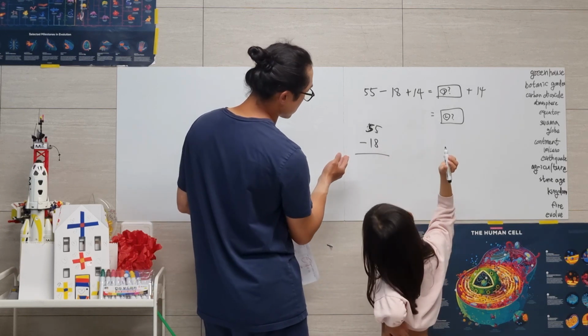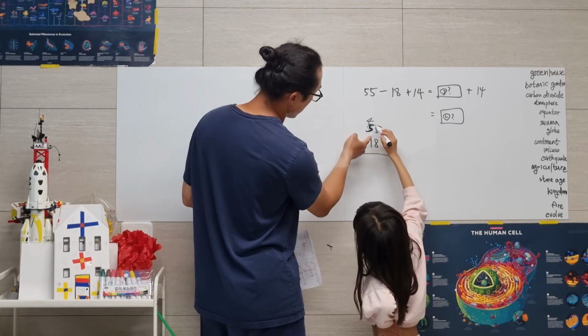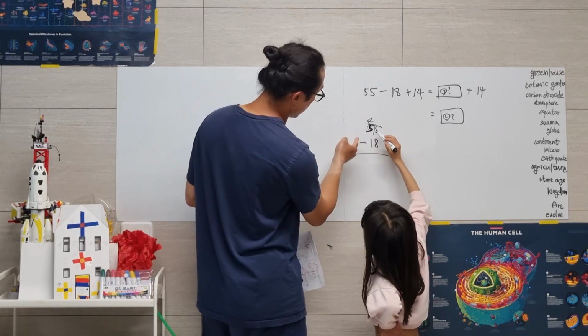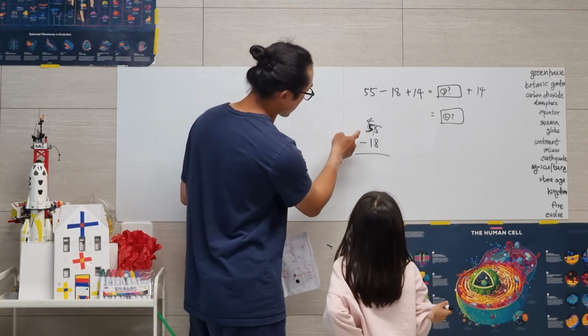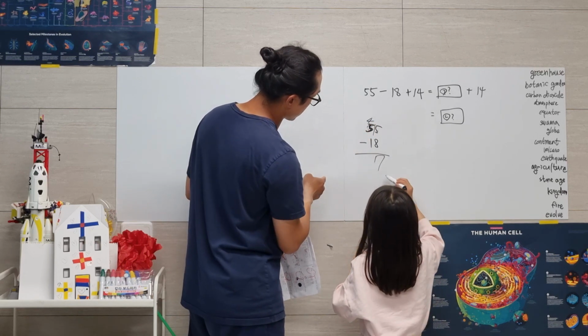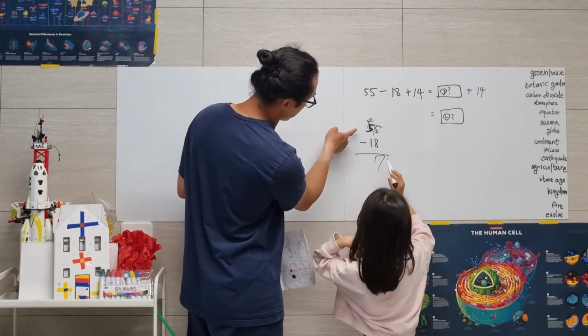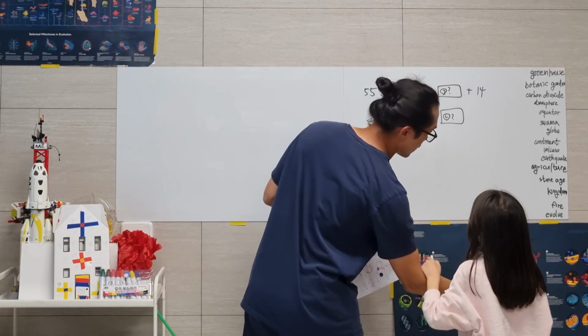So you borrow number 10 from the tens place, then it's gonna be 15, right? That's right. So now you should subtract 8 from the 15. And now it's time to check the tens place. That's right.